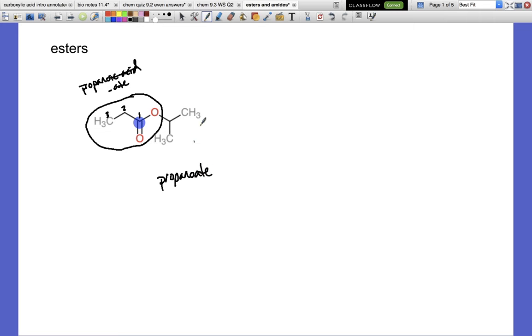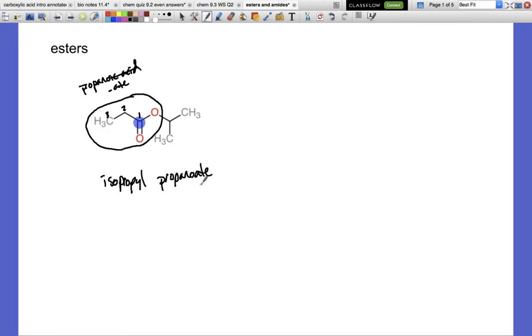And then I just attach my branch over here to this, right? So that's called an isopropyl. So this is called an isopropyl propanoate. Pretty simple. Figure out what part came from your carboxylic acid, name that first, right? Have the idea in your head.